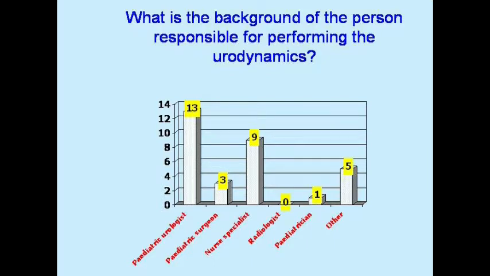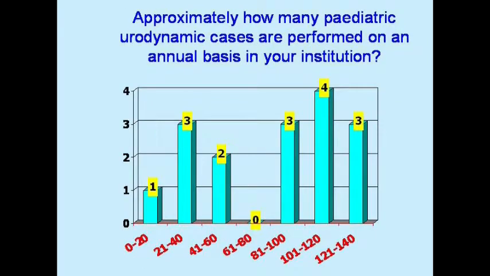There were others performing the urodynamics as well. The annual number of cases done in any given institute was over 50 to a maximum of less than 150. Certainly in our institute, where we have a good team performing the urodynamics, including a dedicated pediatrician interested in bladder pathology, we do about 150 per year.